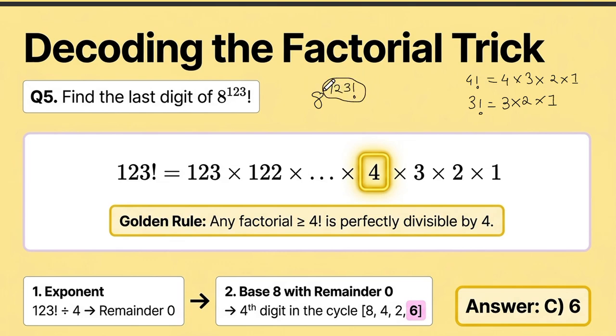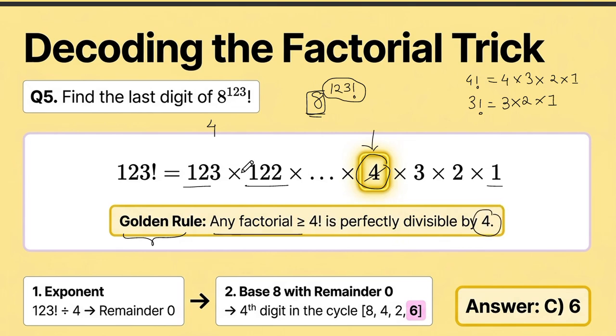First of all, look at the base number, which is 8. The cyclicity of 8 is 4. Now look at the power 123 factorial, which is 123 into 122 multiplied by dot dot dot, till 1. In that, the number 4 itself will also come. So when you divide this full number by 4, 4 and 4 will get cancelled. Remember this golden rule: any factorial greater than or equal to 4 is always divisible by 4.